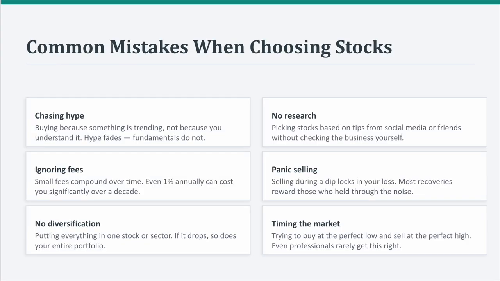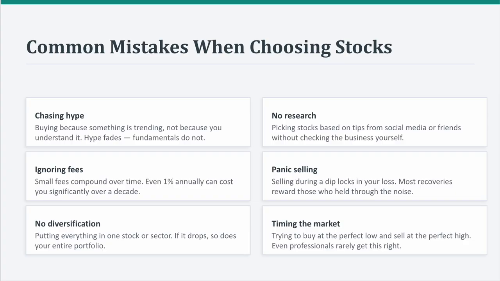Now, some common mistakes when choosing stocks are chasing the hype, no research, panic selling, trying to time the market, having no diversification, and ignoring fees. The biggest ones I would say are panic selling, trying to time the market, and chasing hype, which somewhat goes with no research. Panic selling and timing the market are very similar, and they happen with everyone, especially beginner investors.